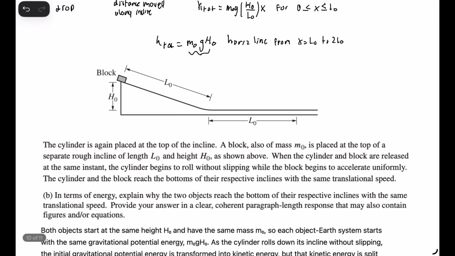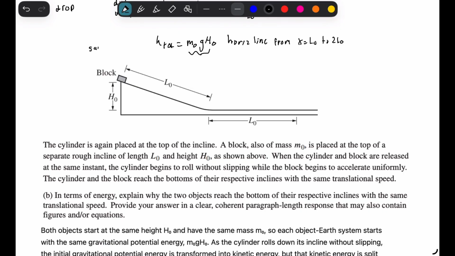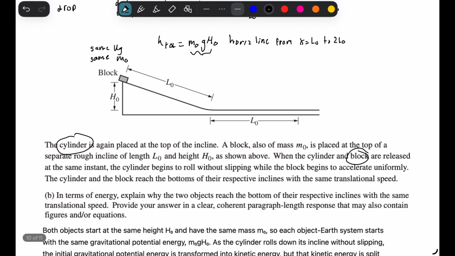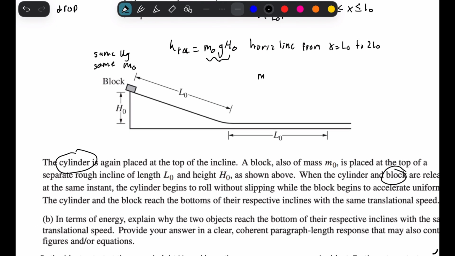Okay, so basically, when you're at the top, we know that they're both going to start with the same U_G, regardless of cylinder versus block. And we know that they both have the same mass m initial, so that means that the object-Earth system, which is going to be our m initial g h initial, is going to start with the same gravitational potential energy for both objects, right?